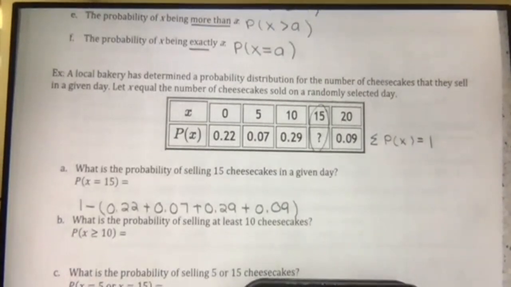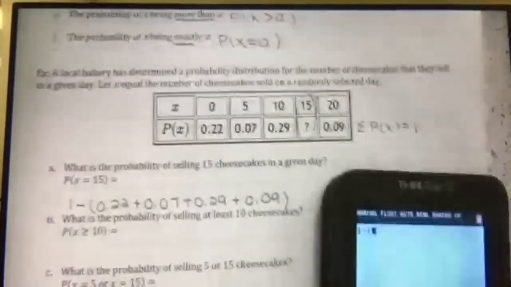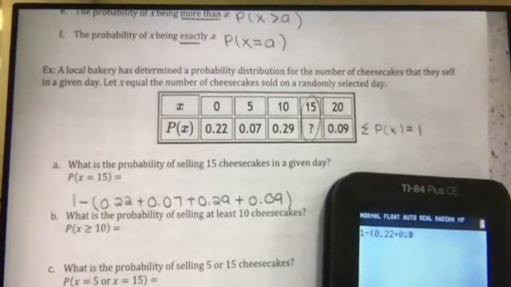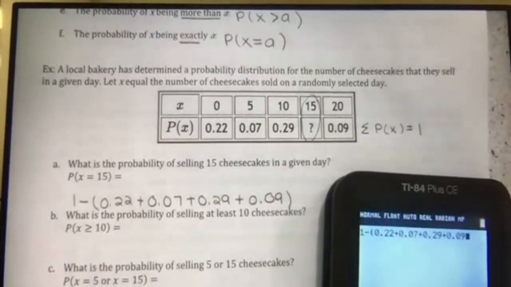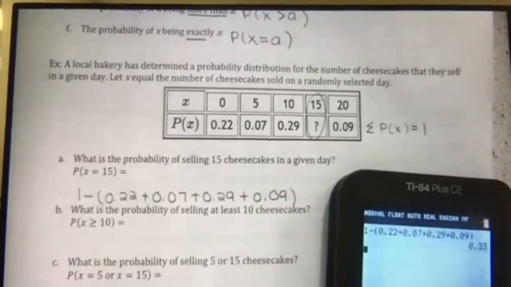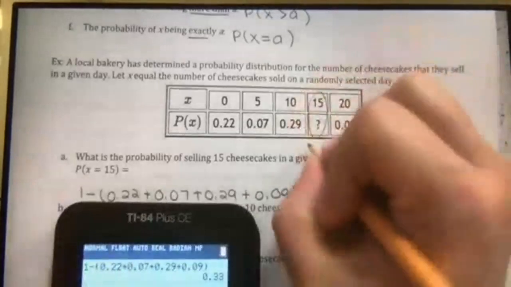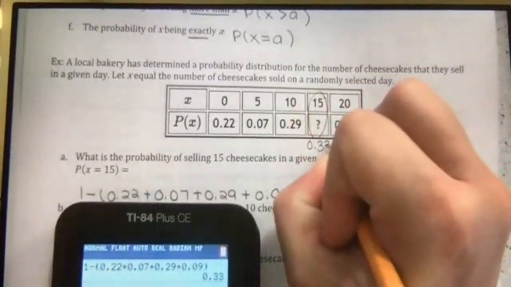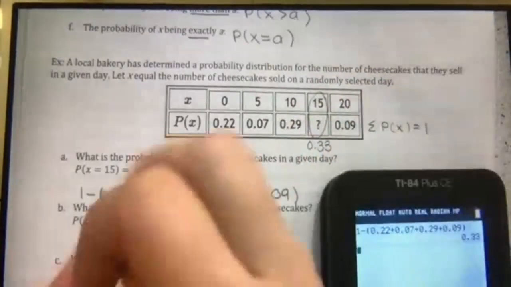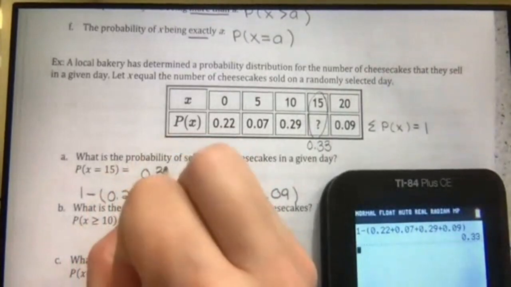So 1 minus, make sure you put in parentheses, 0.22 plus 0.07 plus 0.29 plus 0.09. That will tell us what's left over, and it's 0.33. So for 15 cheesecakes, our probability is 0.33.